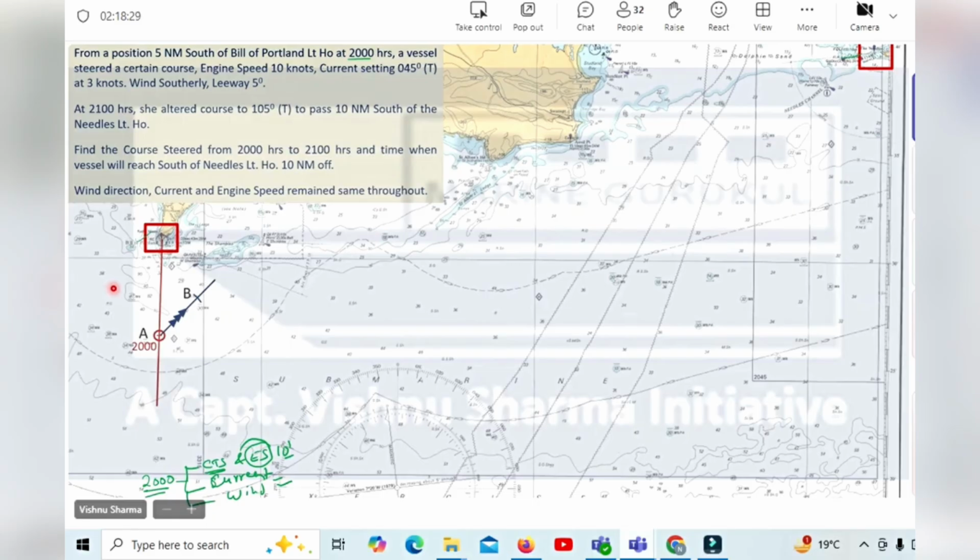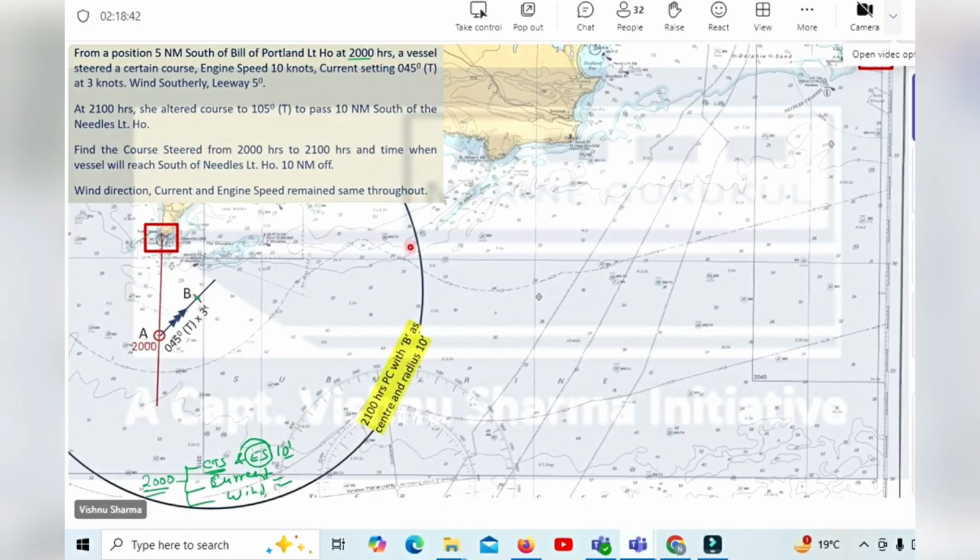So, if I open my compass 10 miles, which is engine distance for 1 hour, and put my compass at B and draw a circle, this becomes the 2100 RPC. The vessel will be somewhere on this. Why? Because the current would have brought her here, and from here she would have covered some 10 miles, and every point on this circle is 10 miles from B. So this circle becomes the 2100 RPC.